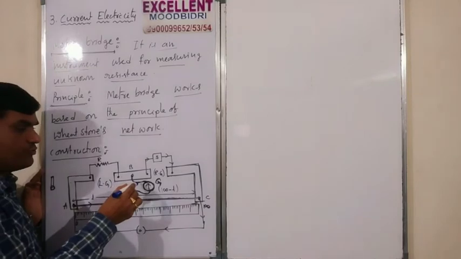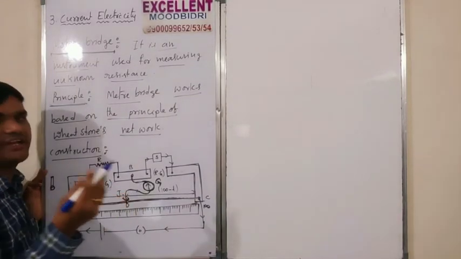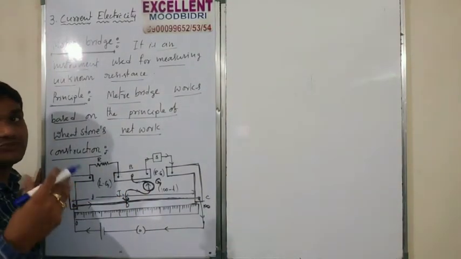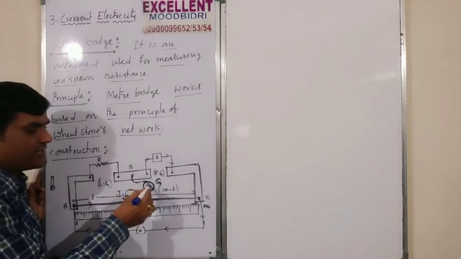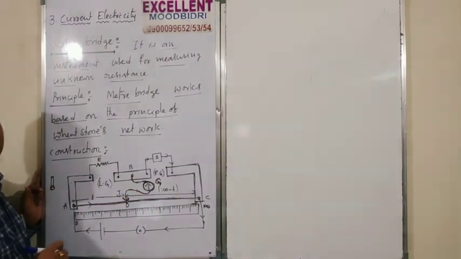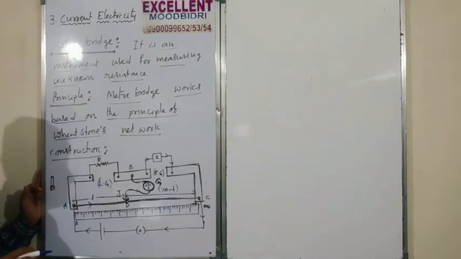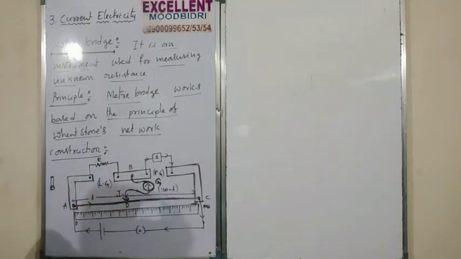In that case, current cannot flow in this direction, so the galvanometer shows null deflection. Experimentally we will find the null deflection.